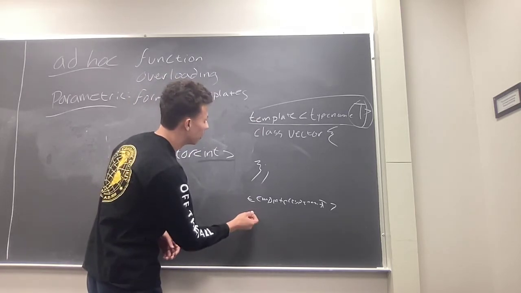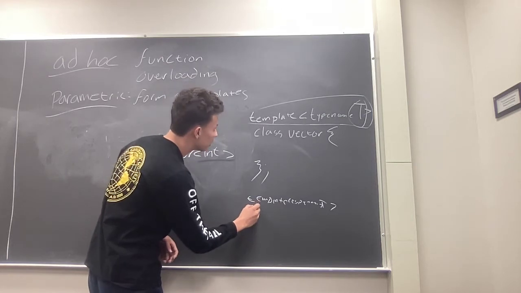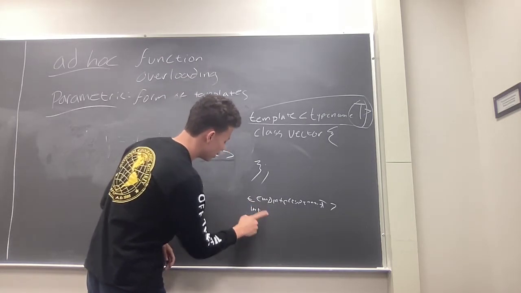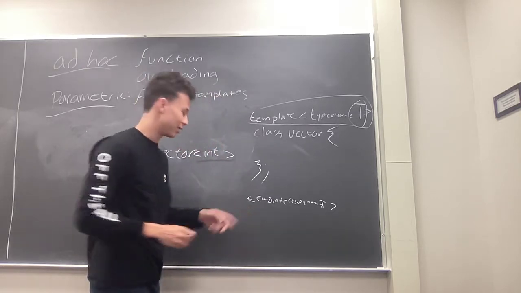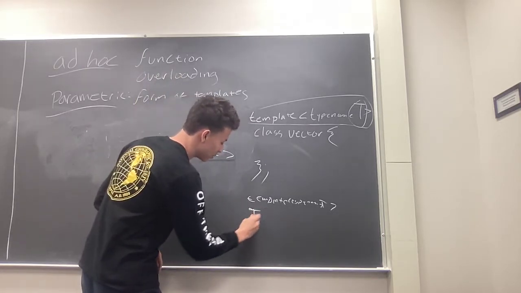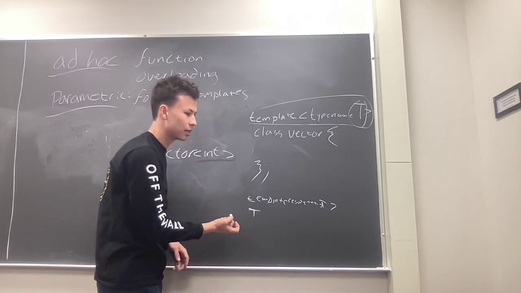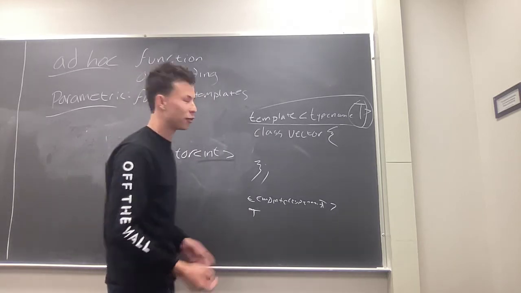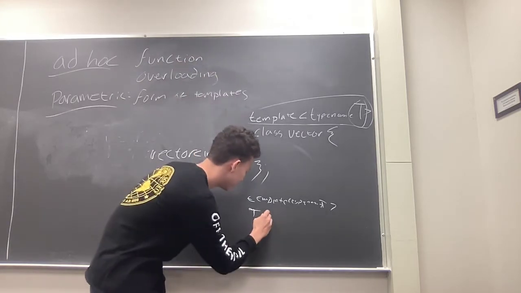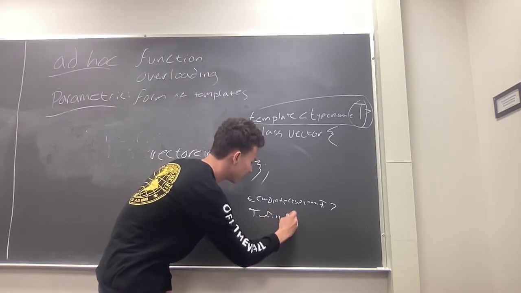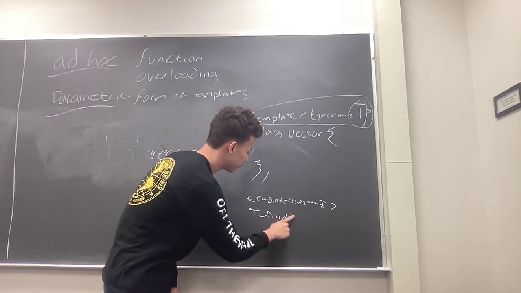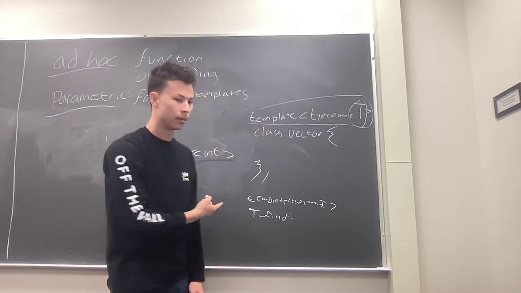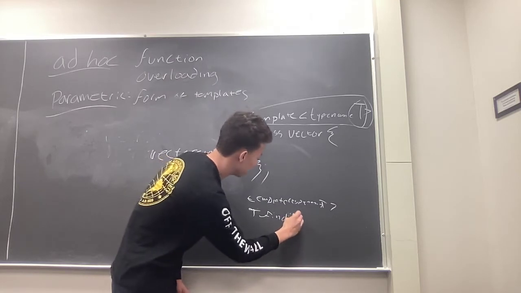So let's say vector, let's say int, no, don't do that, T. Type T, let's say what returns a type? Let's pretend we have a find function in our vector, T find, colon colon, because it's a member function in the class vector.